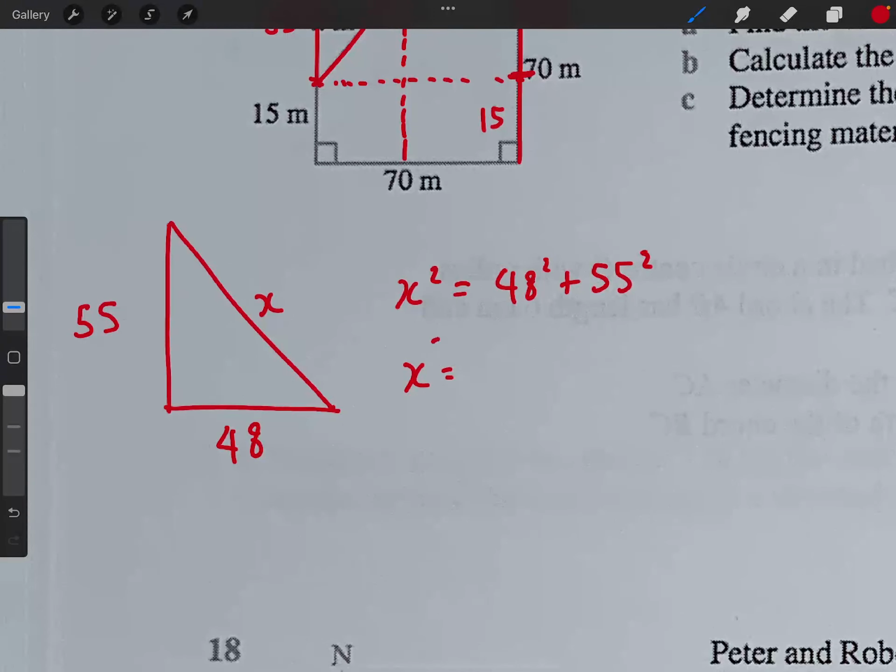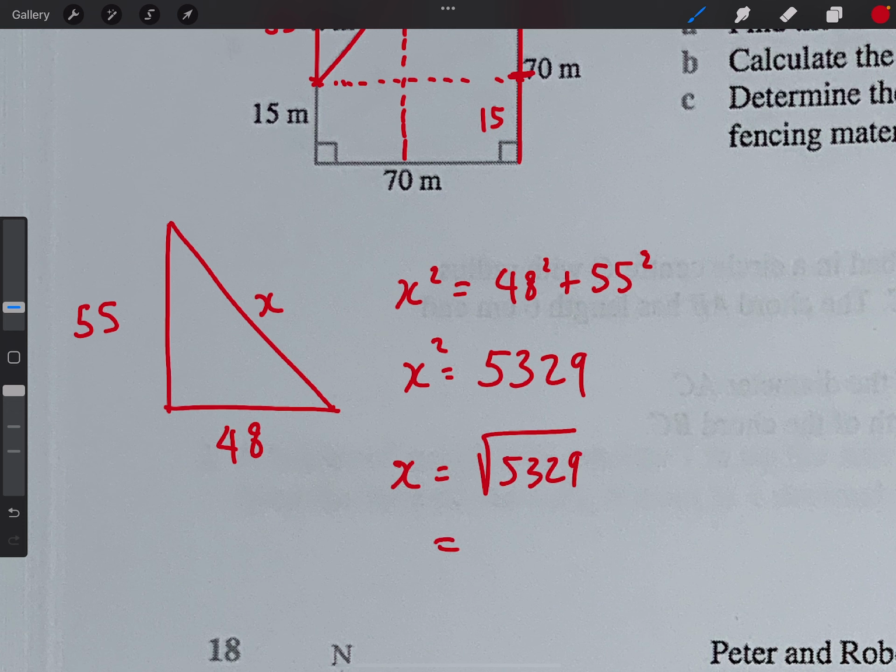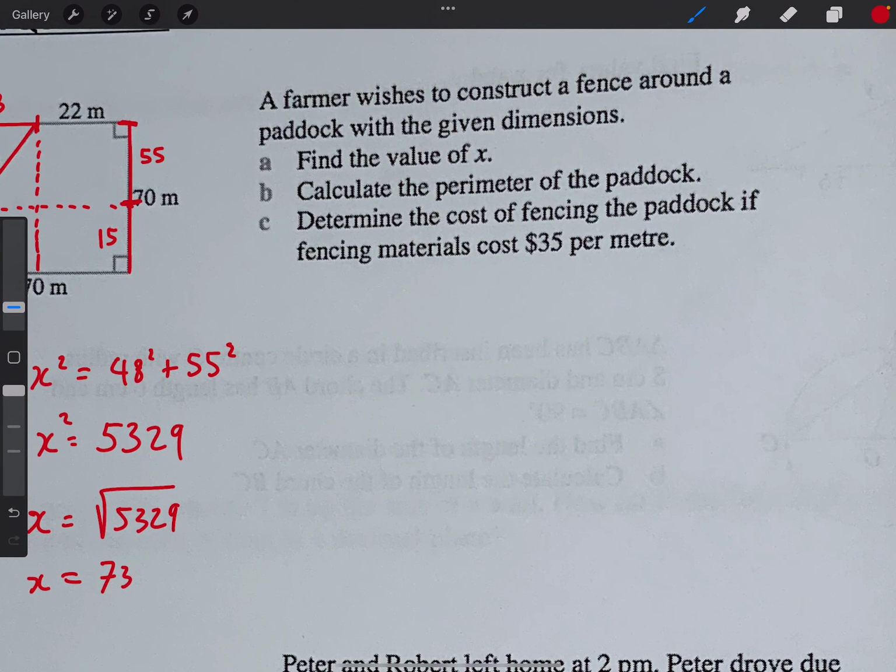So x squared is equal to 5,329. So x is equal to the square root of 5,329, which equals 73. So we found x, 73.